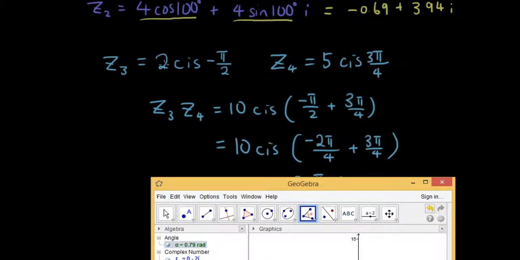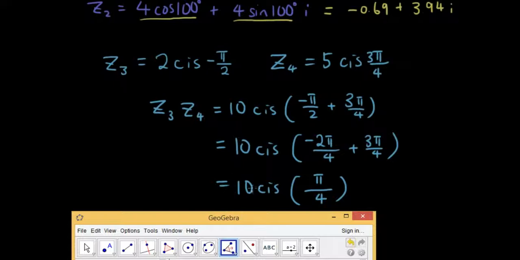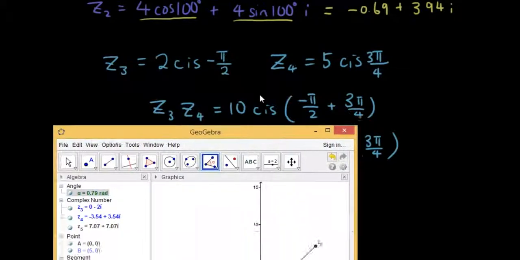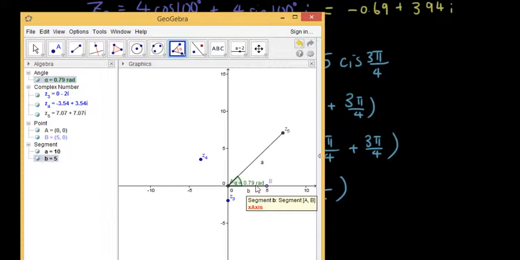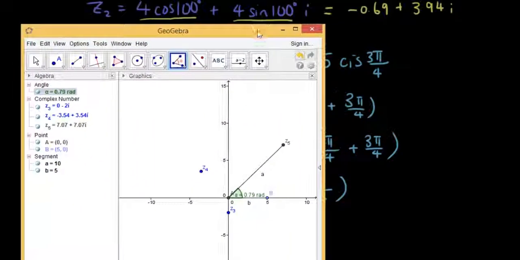So if you convert Z3 into standard form, it gives you 0 minus 2i, and Z4 is sitting at negative 3.54 plus 3.54i, and if you multiply Z3 and Z4, you get Z5, and the length of Z5, which I have already calculated, is 10, which matches the magnitude of Z3 by Z4, and the angle that Z5 makes with the horizontal is 0.79 radians, which is the same thing as pi over 4 radians, since pi is 3.14 divided by 4 is 0.79.